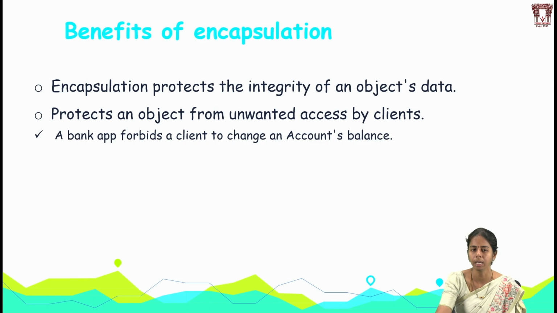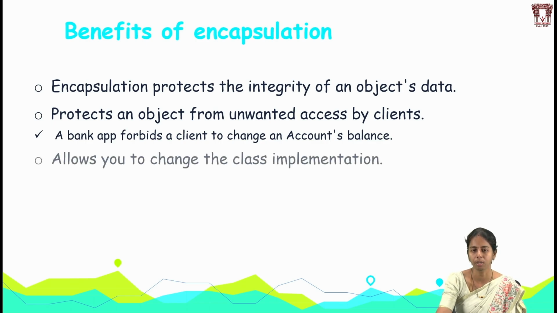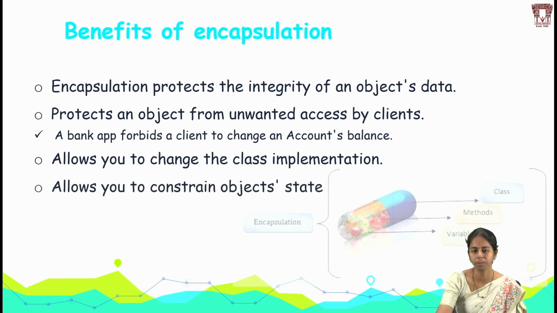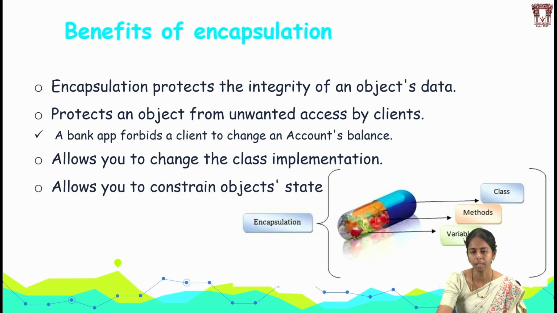He cannot see the other internal data. It allows changing only the class implementation. If we want to change our name or our address, we just change that. So it allows constraining the object state. This is called encapsulation.